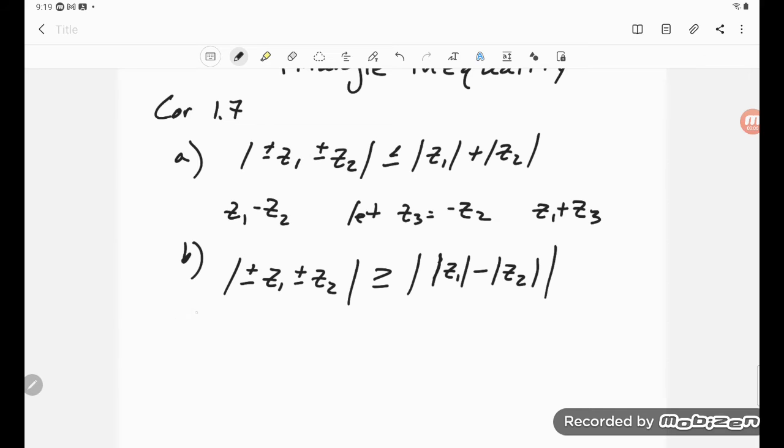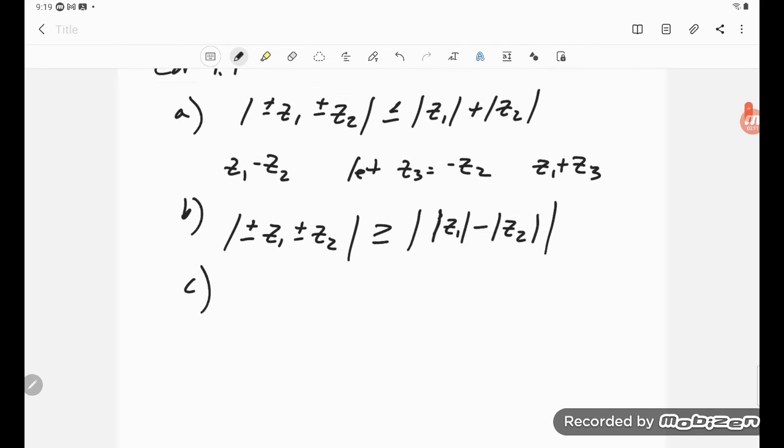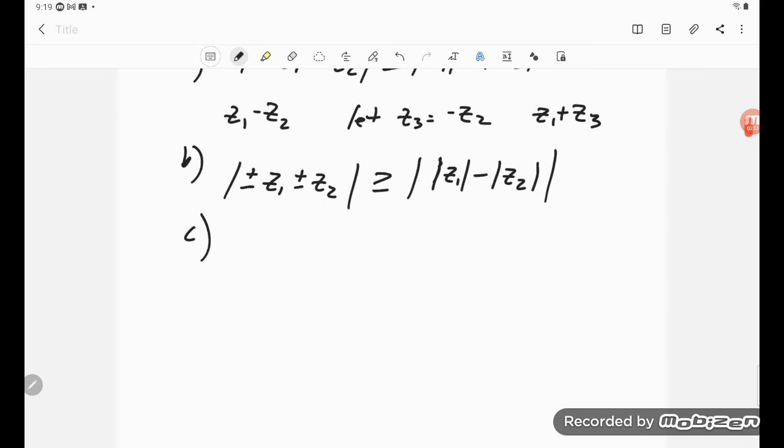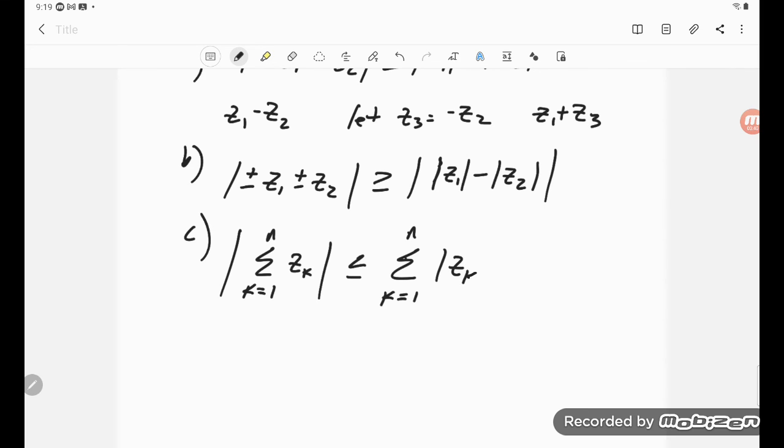And then finally, C is that you can extend this to any number of these things. So if I had a sum k equals 1 to n of zk, and that sum is all inside the absolute value, I can move the absolute value inside through an inequality and say this is less than or equal to the sum k equal 1 to n of the separate absolute values here.